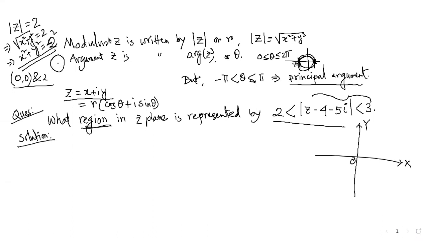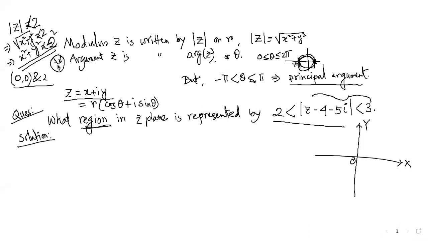If I change this one to less than 2, please pay attention. If I replace equal by less than, then we can write this. Then what is the region? Sir, all the points that are inside the circle. Exactly, good.